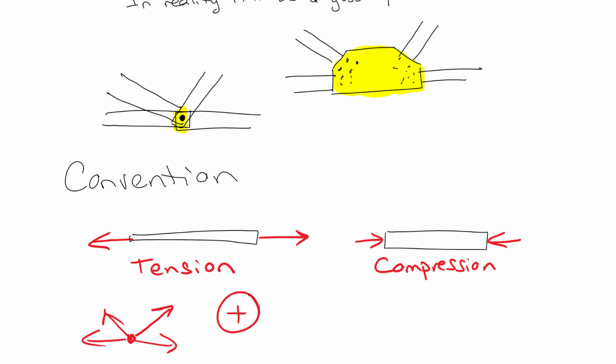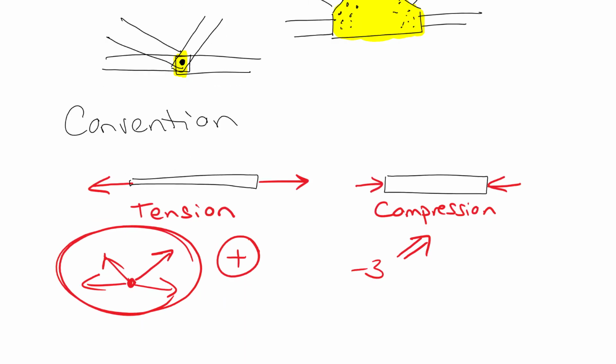So if you see something that's positive, then we know that we drew it correctly, that it is in fact in tension. However, if we do a study and we get like a -3, then that means it's in compression. So if we originally drew everything in tension, then a negative number implies compression, and that just makes it a little bit easier to do.